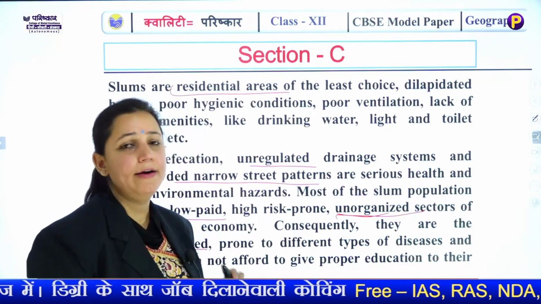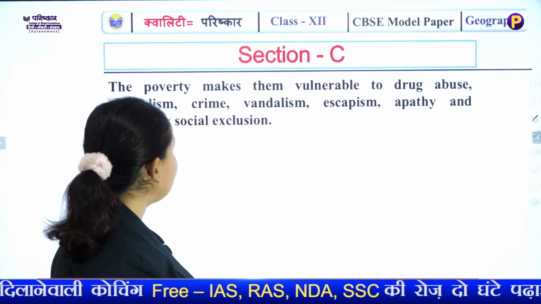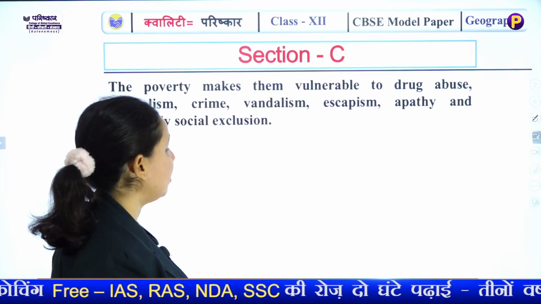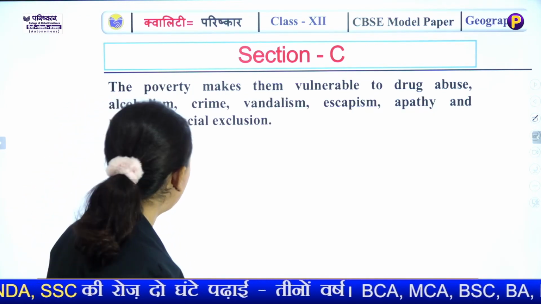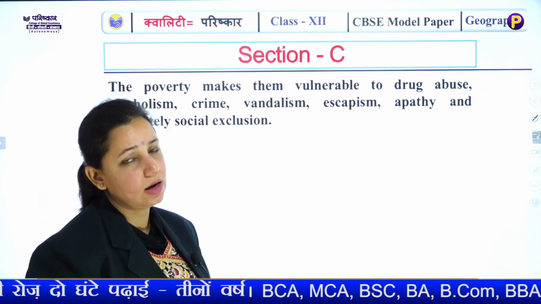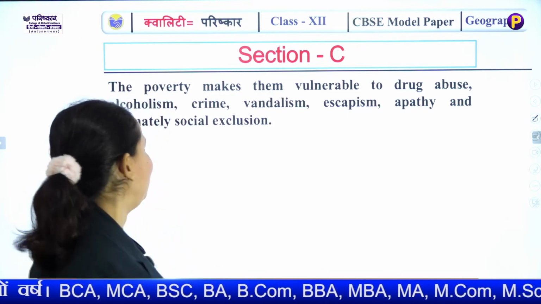So they are a highly vulnerable section of society. Poverty makes them vulnerable to drugs. You can find cases of drug abuse, alcoholism, crime and all these in these areas, and they are socially excluded from the rest of the urban settlement.